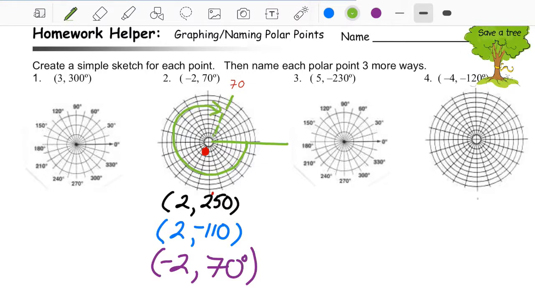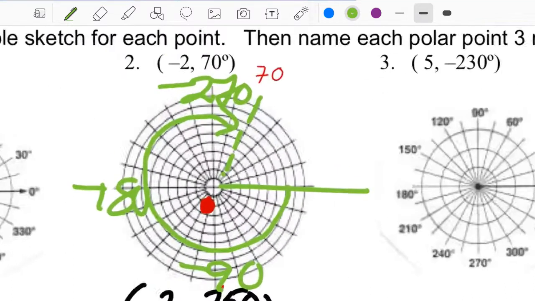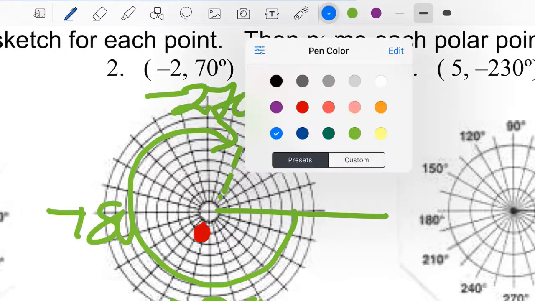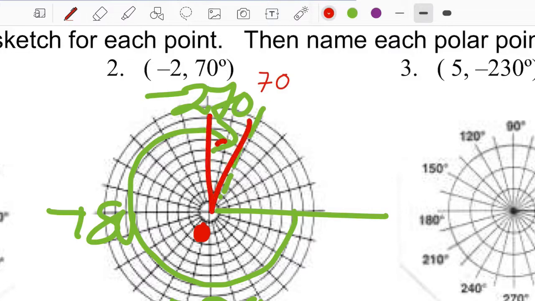Now be careful. Don't tell me that that's 70 again. Again, it's a negative rotation. So it's past negative 90, it's past negative 180, it's past negative 270. In fact, how far past negative 270? Well, you can use that 20 degrees again, that little sliver that we determined right here.